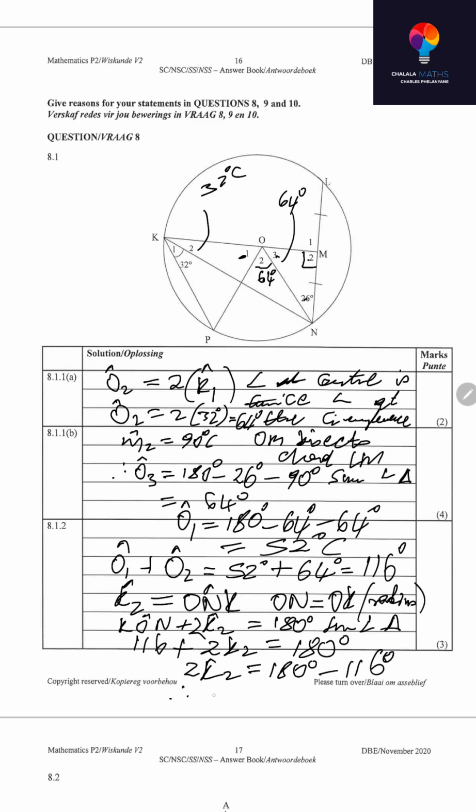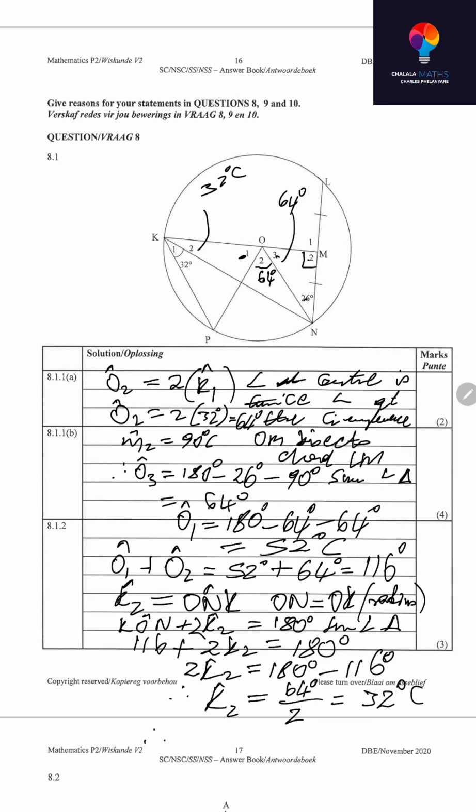Therefore, K2 is going to give us 180 minus 116, 64, divided by 2, which will then give us 32 degrees.